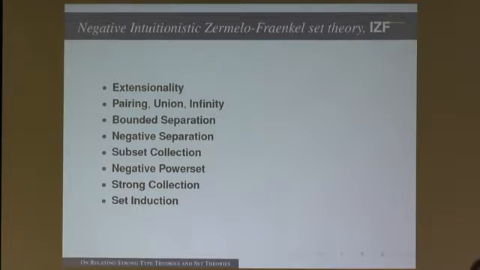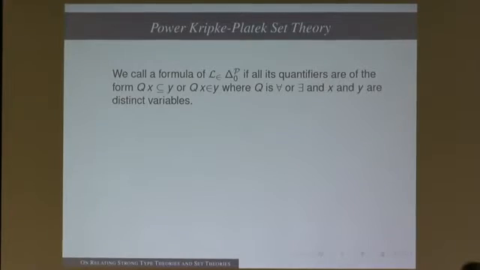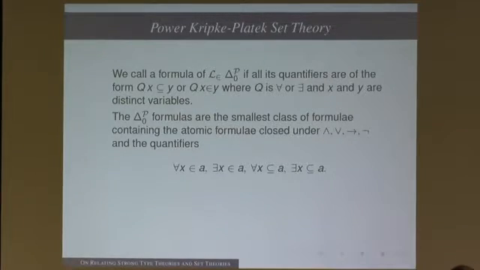And then of course the question is, what do we know about such negative versions of IZF? Are there models where we can separate IZF from negative IZF? And what's the strength of negative IZF?